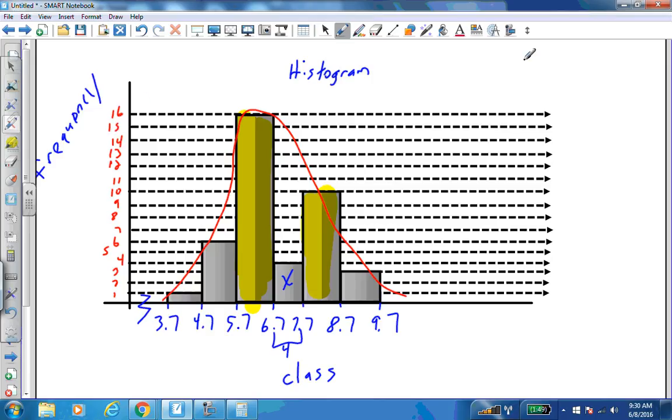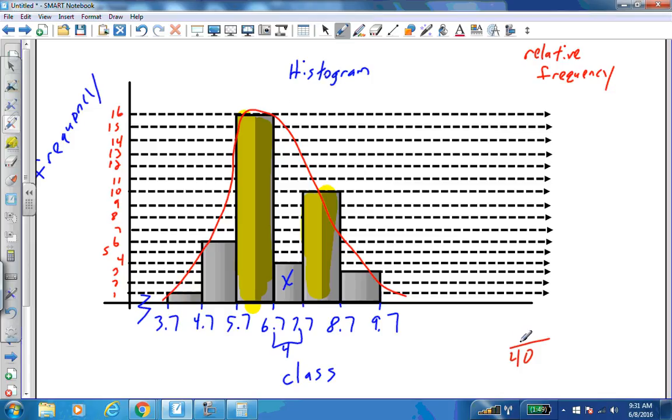If it were a relative frequency, relative just means basically a percent, means out of the whole, what percent is it? So we could convert these into percentages. We have 40 data points. We want to look at the largest one.